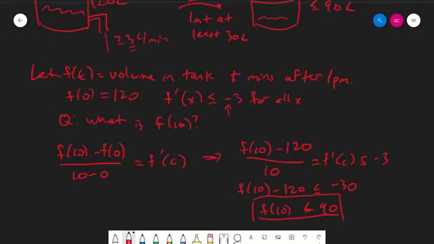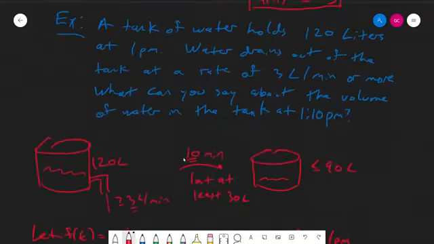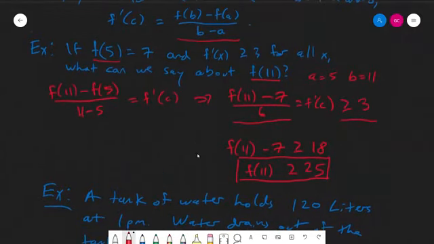So what this means is that when you have an abstract one of these problems like we had before, if you want to, you could take a problem like this and actually think about it in terms of a tank of water, for example.